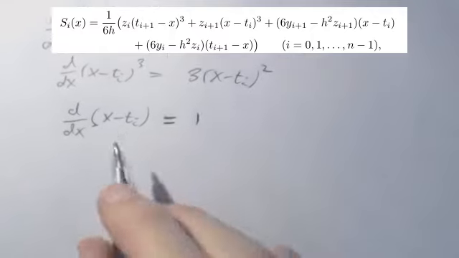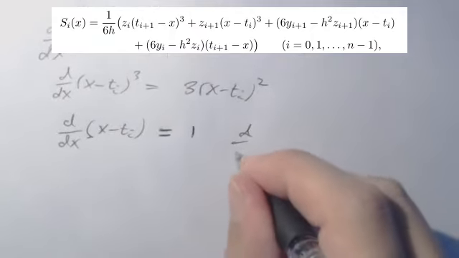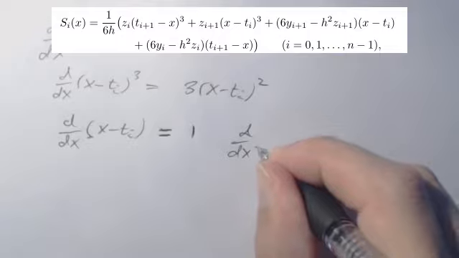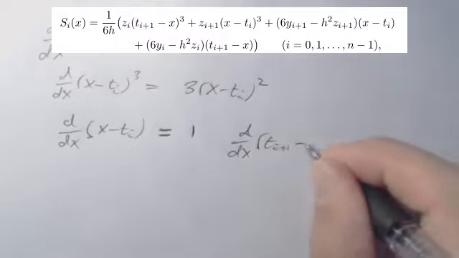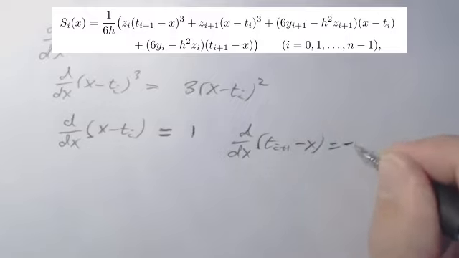Constant term vanishes. And we also have a d by dx of (ti plus 1 minus x), which is going to be minus 1.